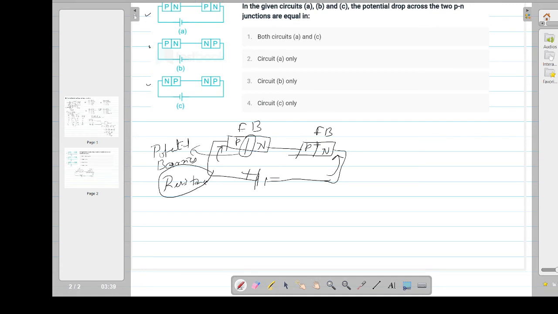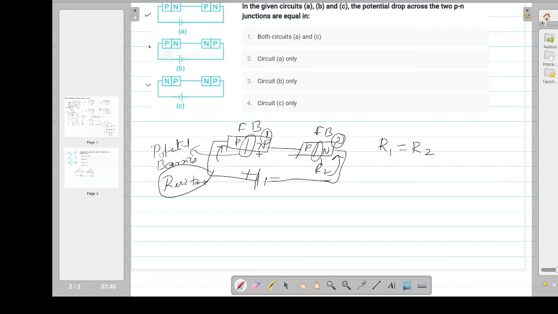So the potential barrier formed in the first PN junction and in the second PN junction will be the same. The resistance here, I can take as R1 and R2, and the resistances are the same.